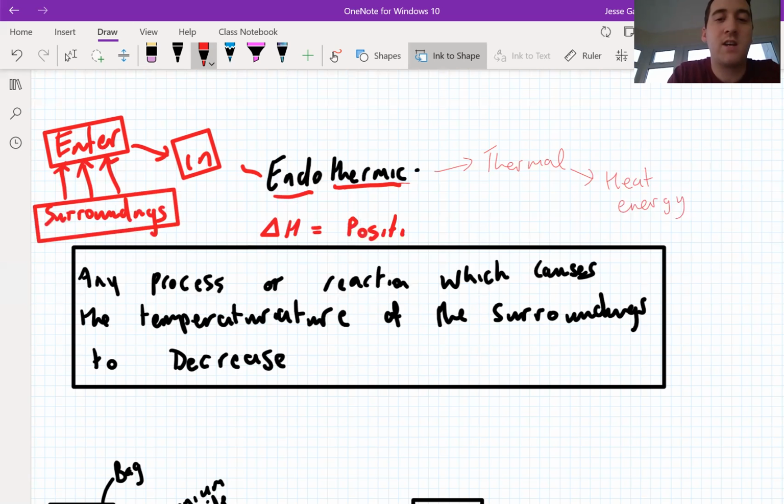The system has extra energy that it took from the surroundings. That is one way we can identify an endothermic reaction: if delta H is positive, or if the temperature of the surroundings has decreased, then we know it's an endothermic process.